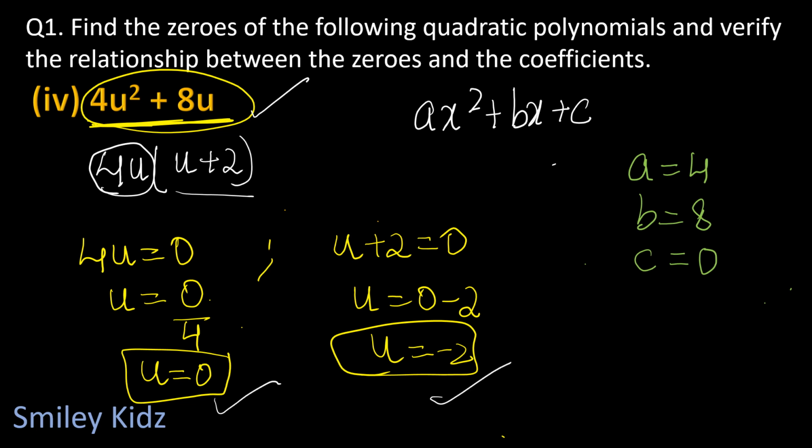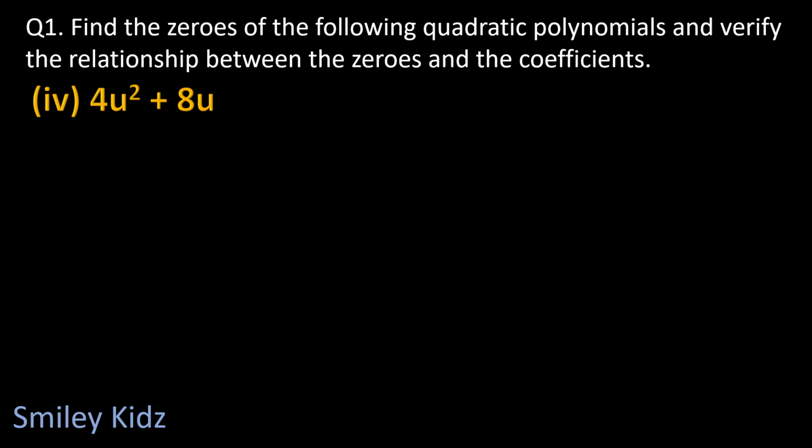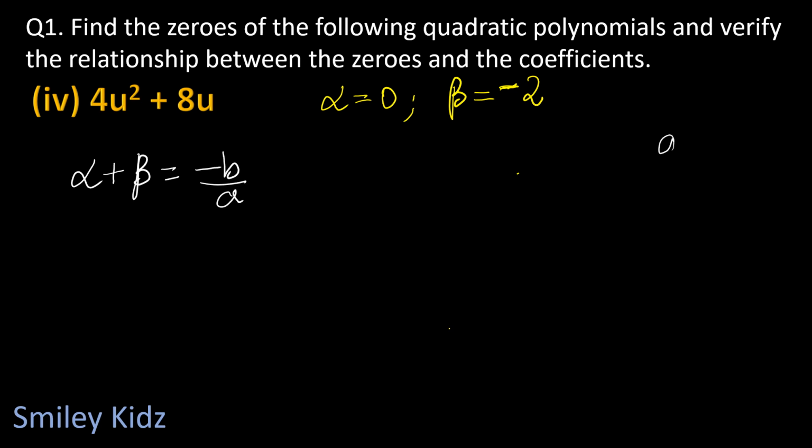minus 2. Now let's verify the relationship between the zeros and the coefficients. Now alpha is 0 and beta is minus 2. Alpha plus beta is equal to minus b by a. And we are sure about the fact that a is 4, b is 8 and c is 0.